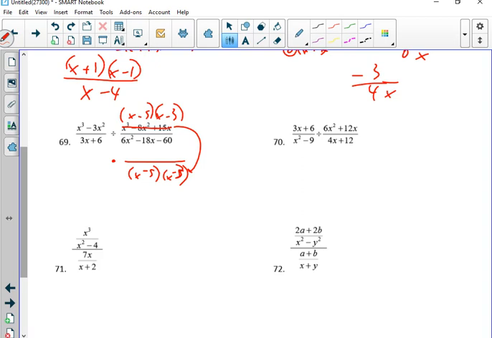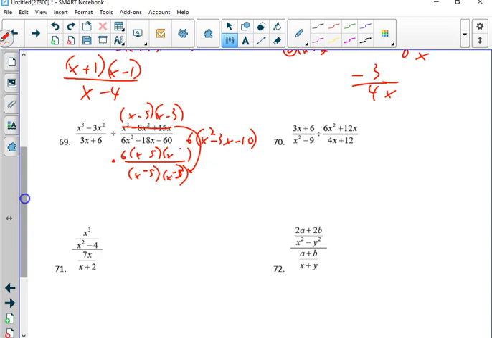Now, for this one, the 6x squared minus 18x minus 60, I need to pull a 6 out to make it easier to factor. So that's going to be x squared minus 3x minus 10. And now I need two numbers that multiply to give me 10 that differ by 3.